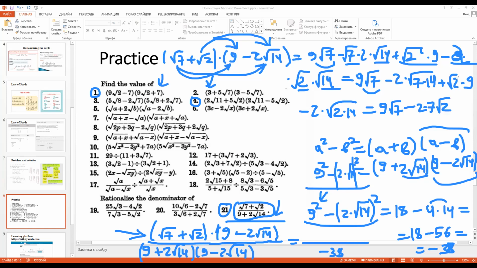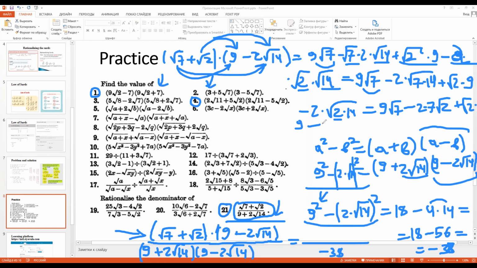Okay, and this one plus, so 2 multiplied by 9, and then this one, you know, the 14 is the multiplication of 2 and 7. That's why you have 2 twos under the square root.